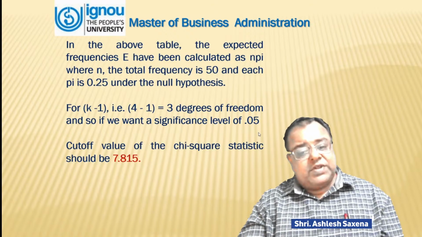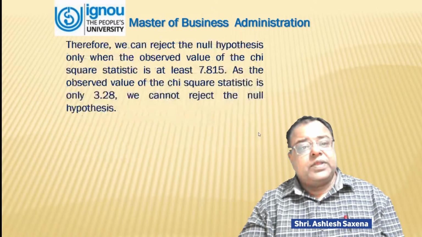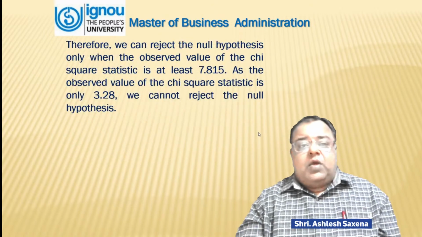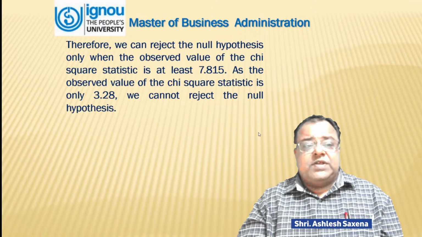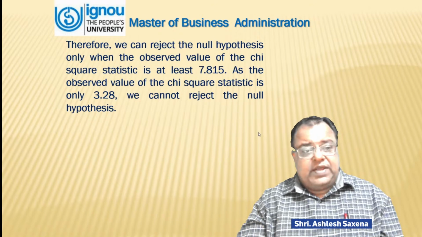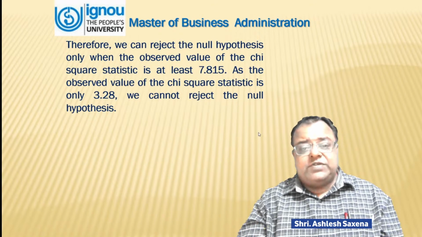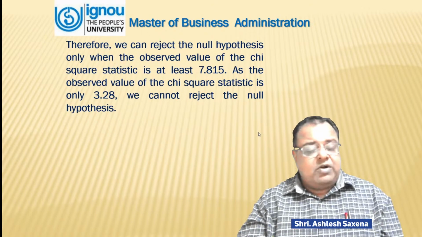The cutoff value of the chi-square statistic should be 7.815. Therefore, we can reject the null hypothesis only when the observed value of the chi-square statistic is at least 7.815. As the observed value of the G statistic is only 3.28, we cannot reject the null hypothesis.